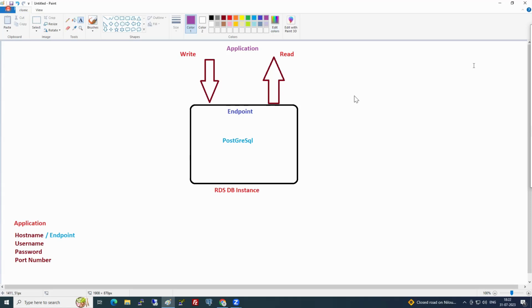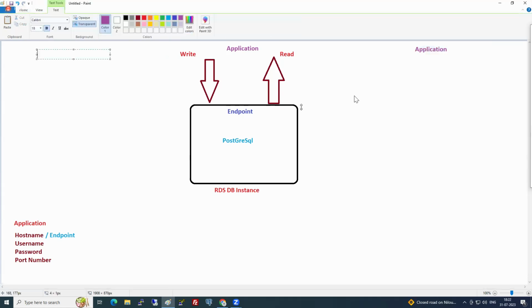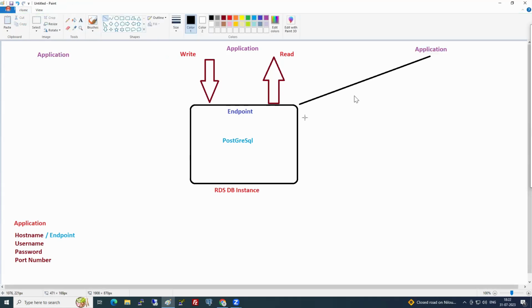Now tell me, there are a few applications which are used only for read purposes. Yes or no? Like BI reports, business intelligence reports, reporting. There are so many tools available only to fetch the data, collect the data, do the analysis and do the reporting. Those tools are readers. They will read a lot.